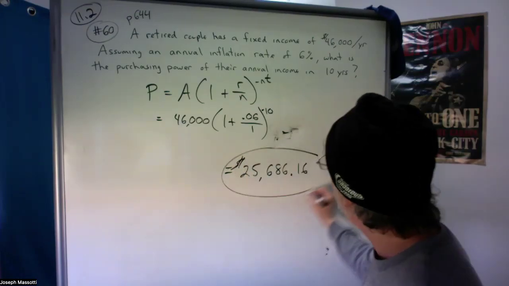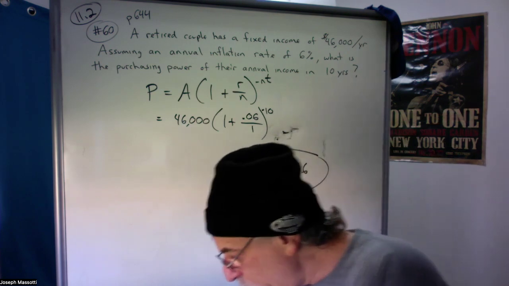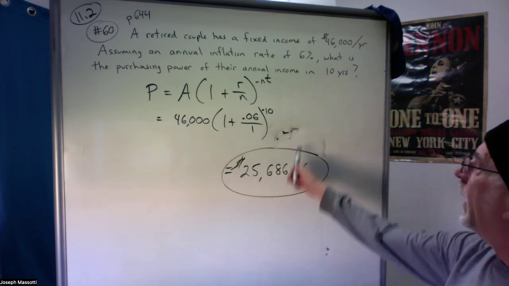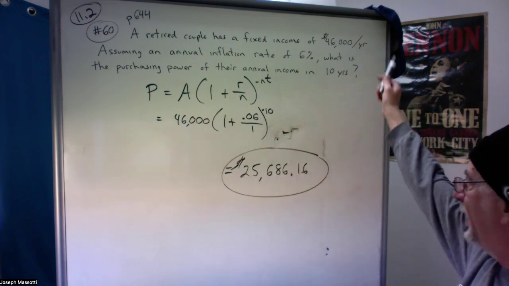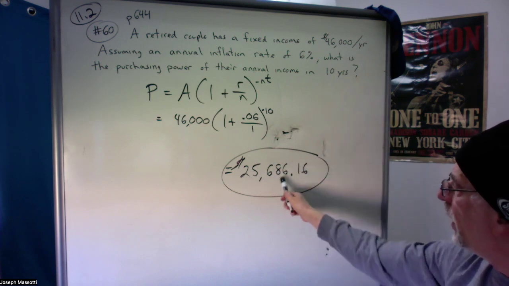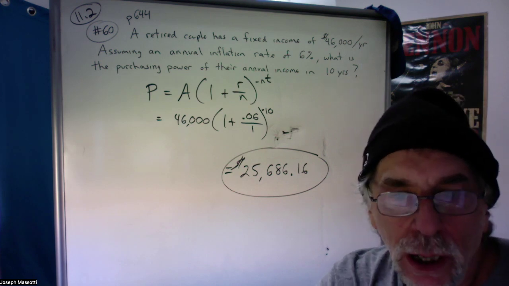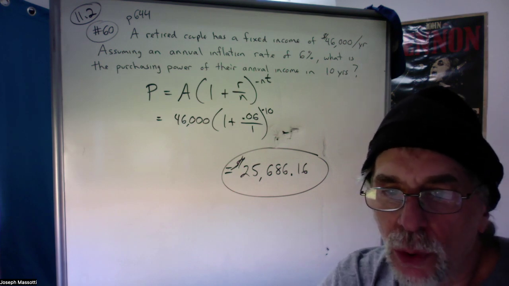All right, so after 10 years of 6% annual inflation, where N equals 1, that $46,000 only buys the same amount as 25,686 today. All right, so that is section 11.2.